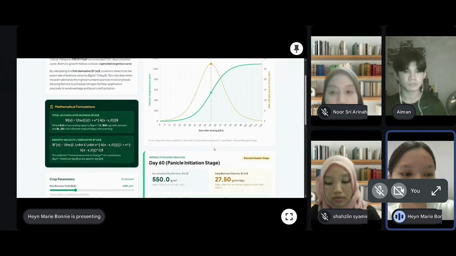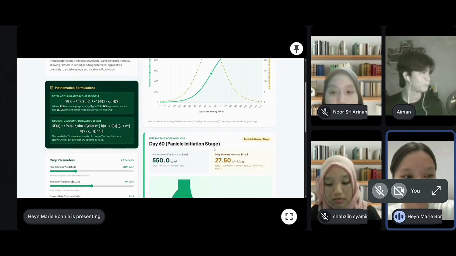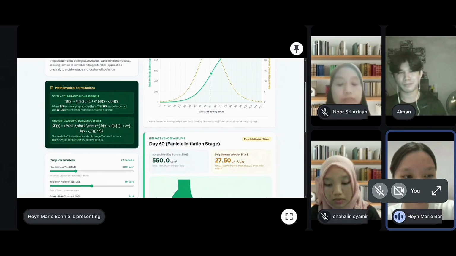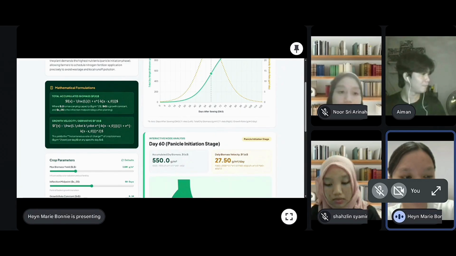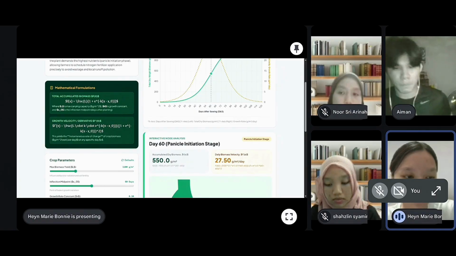And now let's see how this HTML application works interactively. On the left column, the system displays the biological context on the MR297 cultivar alongside the exact calculus formulation for the total accumulated biomass and its growth velocity derivative.